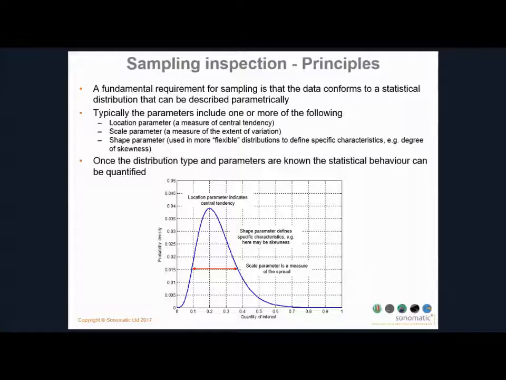And then finally, there's other parameters like a shape parameter, which tells you something specific around the characteristics, like maybe the distribution is skewed rather than being symmetrical, and that sort of behavior is often defined by a shape parameter. But once you've effectively defined the parameters for the distribution, you can then quantify the statistical behavior overall.